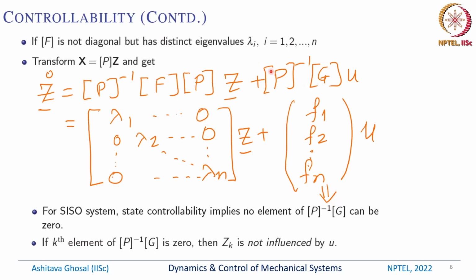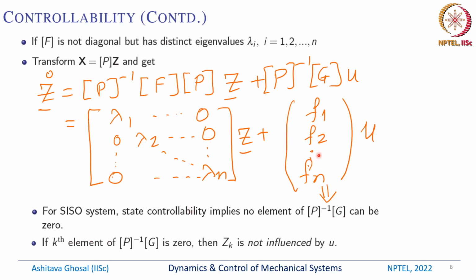So the elements of P inverse G are these scalars f1 through fn. As you can see, for a single input system, because u is only a single input here, state controllability implies that no element of P inverse G, which is f1 through fn, can be 0.